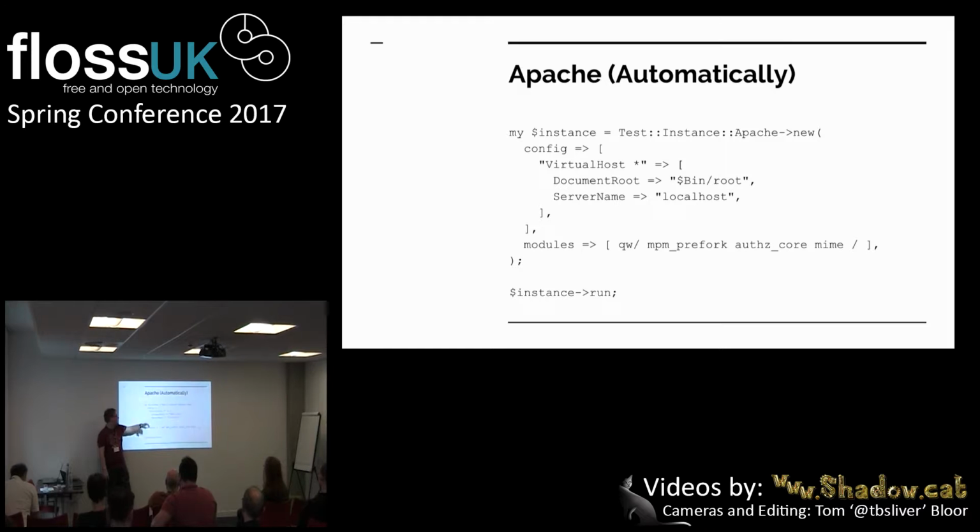Set the document root, set server name. You could even do forwarding to a separate process if you're doing a proxy forward or reverse proxy. An array of all the modules required, and then start it. And when this object goes out of scope, it will destroy it and do the multi-TERM INT KILL as required.